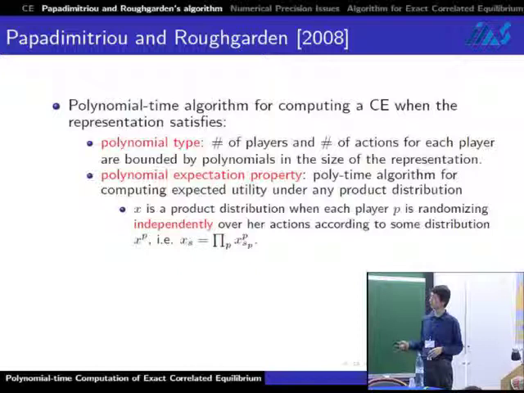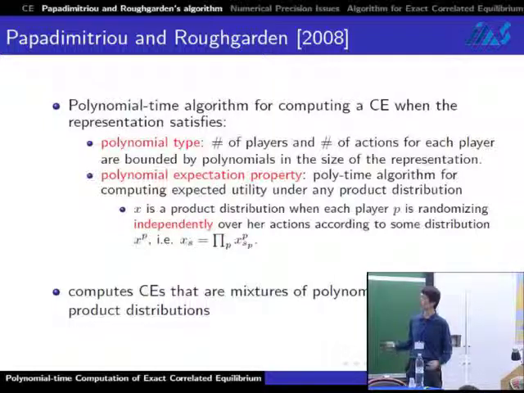The other condition is the polynomial expectation property, which means we have access to a polynomial-time algorithm for computing the expected utility given a product distribution, which is a distribution where each player is randomizing independently. In other words, just mixed strategy profiles.